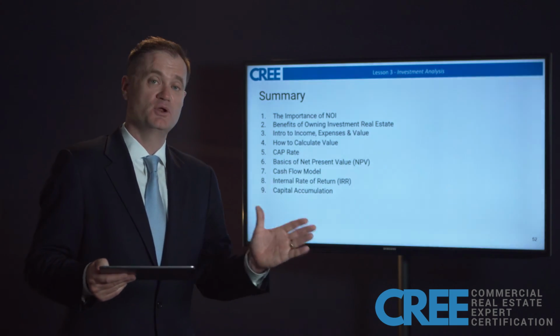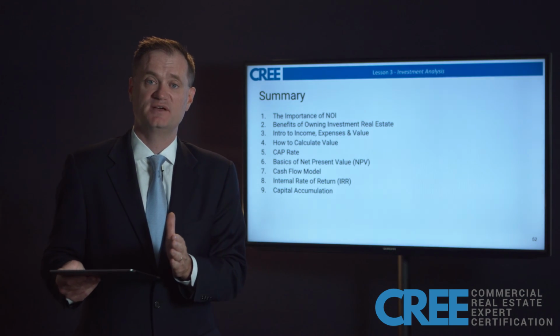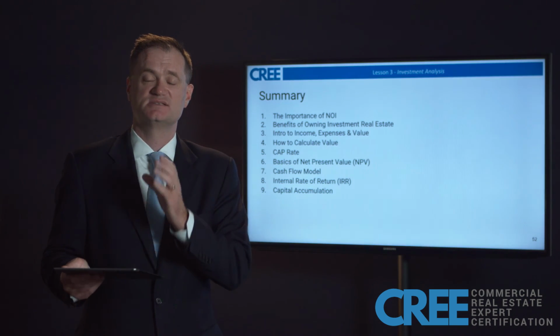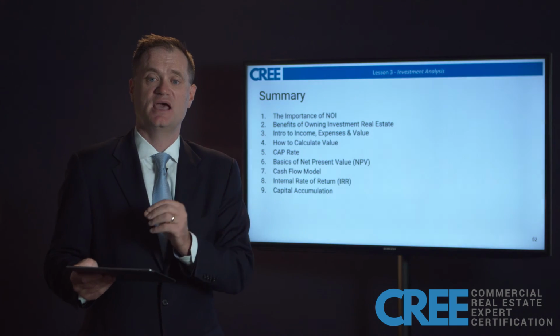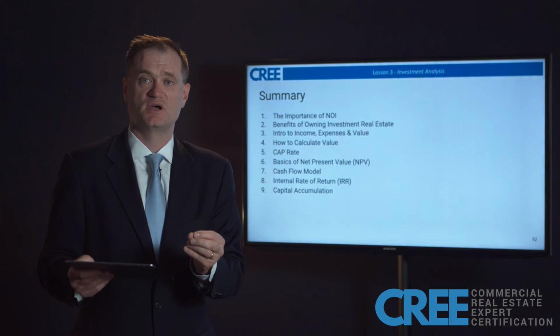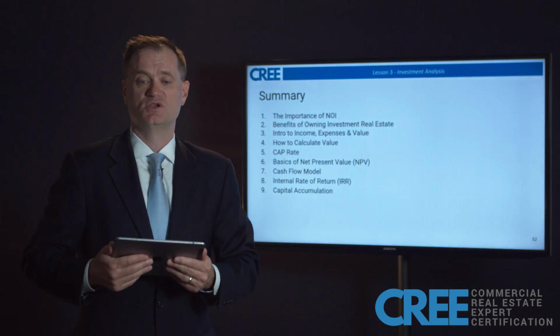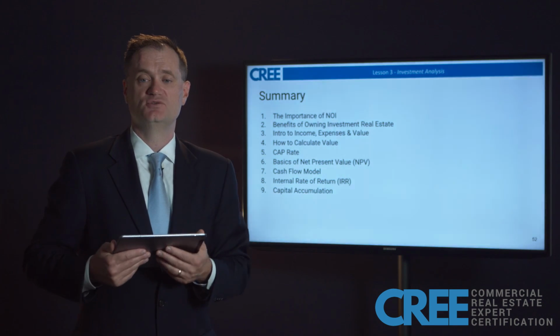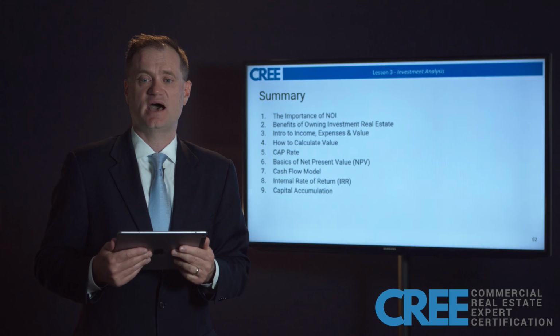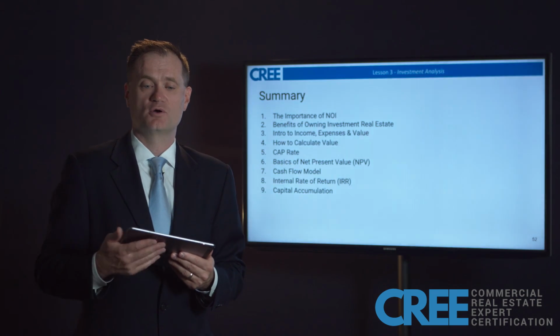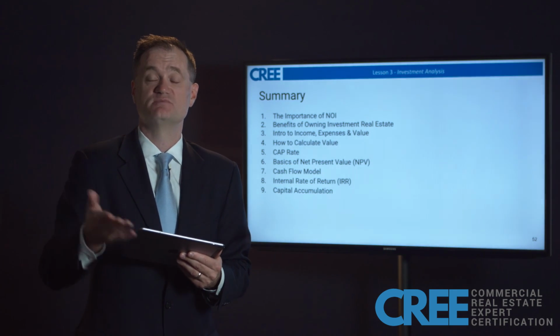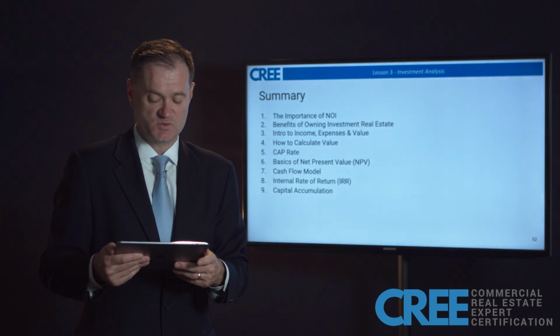Buying the asset, putting money down, enjoying the benefits of cash flow, selling the property, and enjoying the benefits of principal reduction at the end. And then we just talked about capital accumulation, which is really why we do this, is to accumulate capital, accumulate net worth through real estate, through investment real estate, and that is what you're teaching.